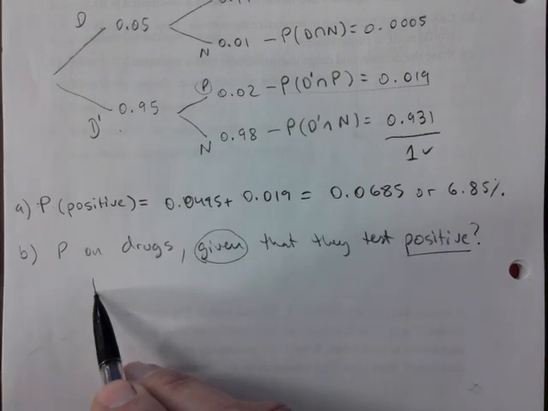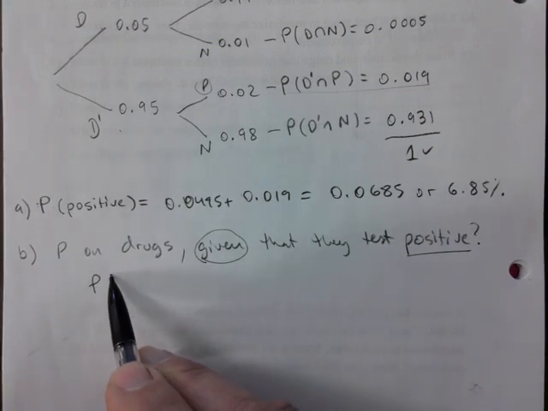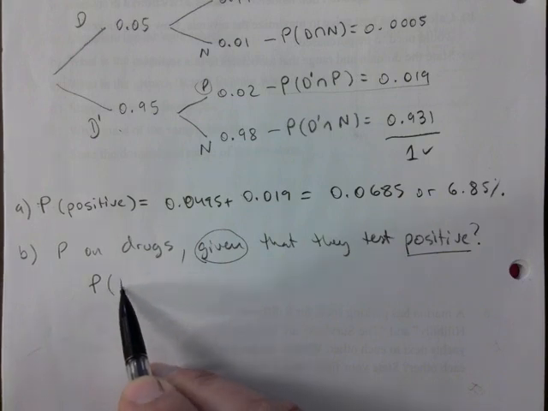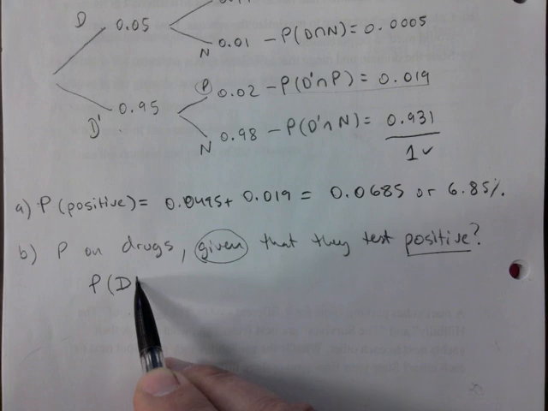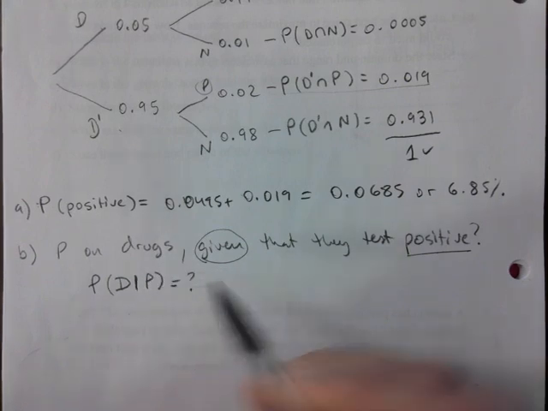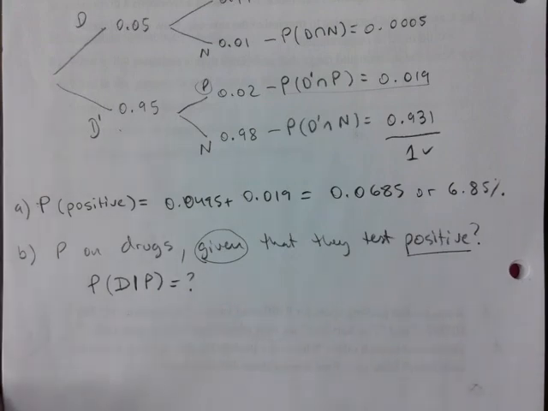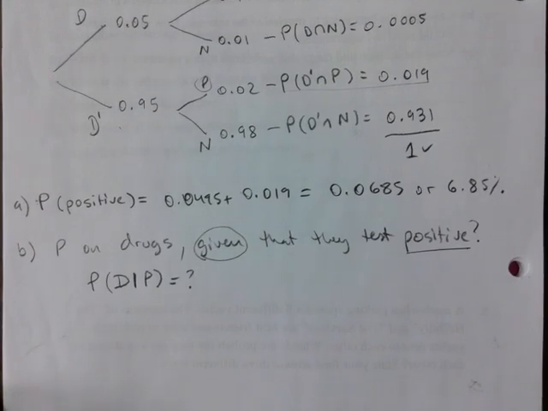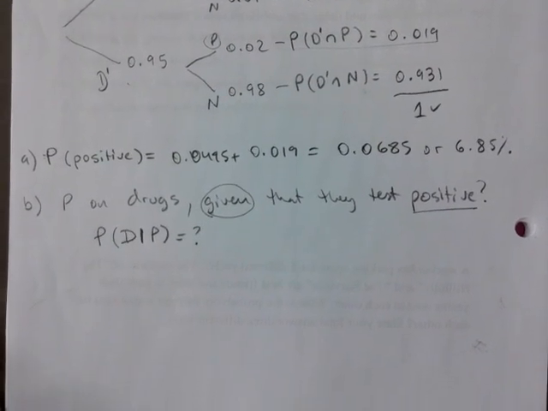So you need to come up with a notation. Probability that someone is on drugs or a drug user given that they tested positive. That's what they're asking you for there. Come up with that notation and then you work backwards.